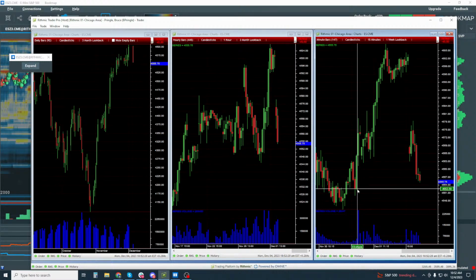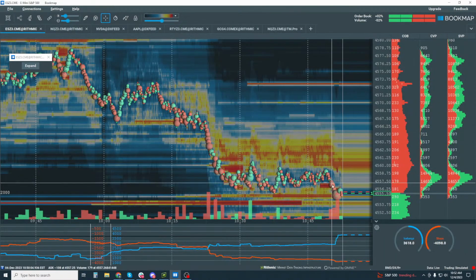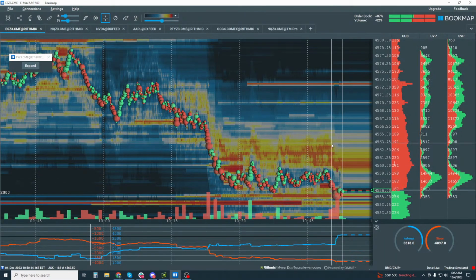I would look for more of a move back down into this swing in here, so we're talking about the figure here, 45.50 at that point. We still have the momentum move. We're still looking for sellers, and we're looking for the move into here. And now we're starting to see it. The selling is starting to come in.